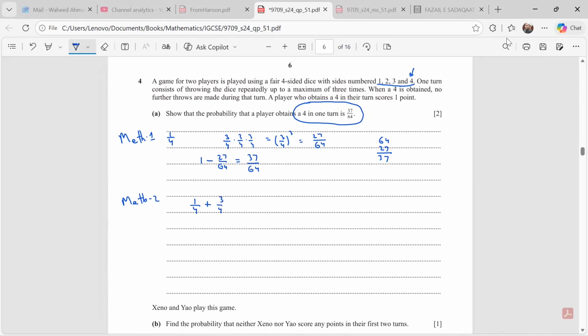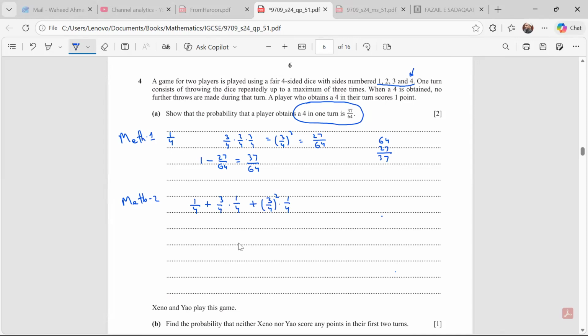And in the next trial you get 4, so this is 1 by 4. And the third possibility is that in the first two trials you do not get 4, so that probability is 3 by 4 squared. And in the third trial, you get 4, so the probability is 1 by 4.